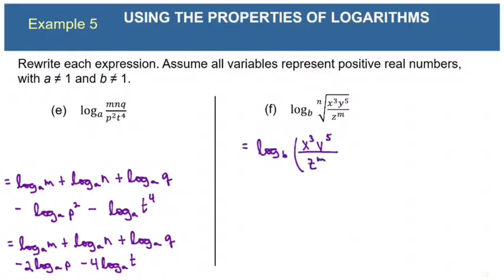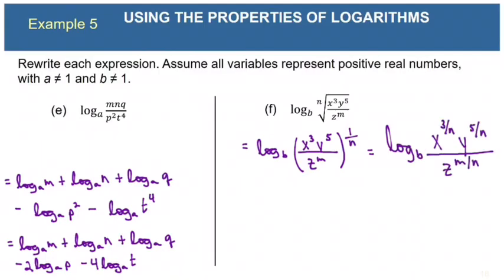That's going to give us log base b of x to the third y to the fifth over z to the m, all to the 1 over n power. And now I want to apply that 1 over n power to each factor inside the parentheses. That's going to give us log base b of x to the 3 over n, y to the 5 over n, over z to the m over n.